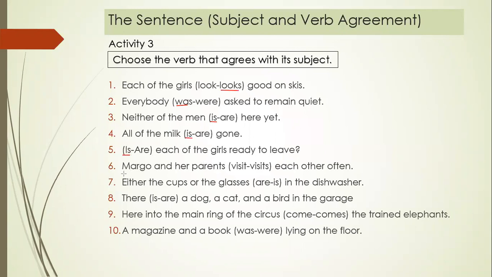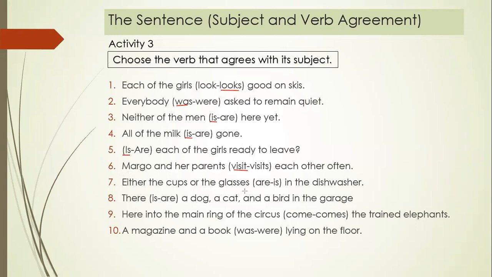Number 6, Margot and her parents, of course, very easy, visit each other often. Compound subjects, so we need to have a plural verb, visit. Number 7, either the cups or the glasses is in the dishwasher.